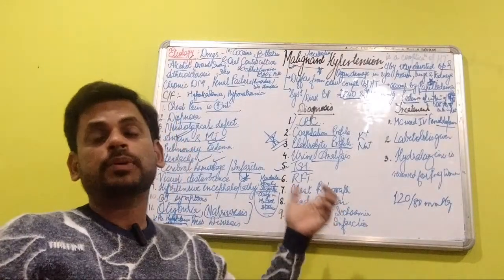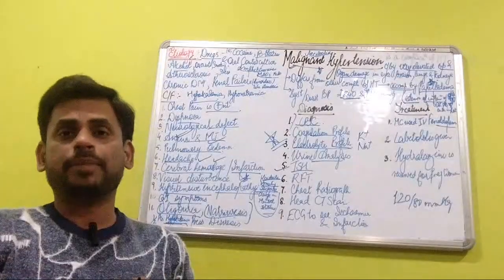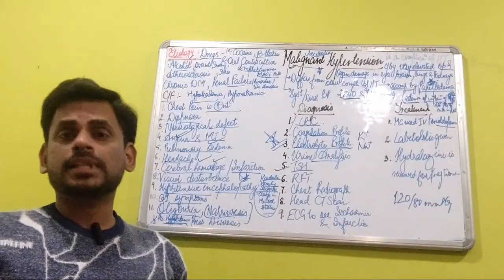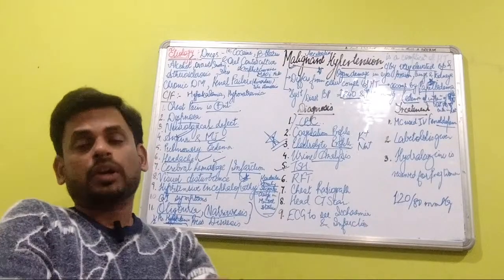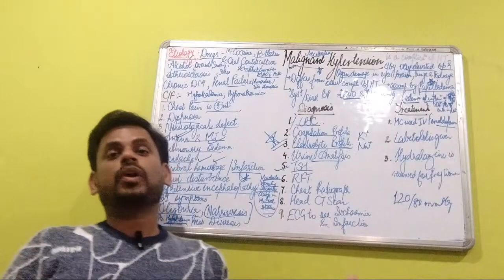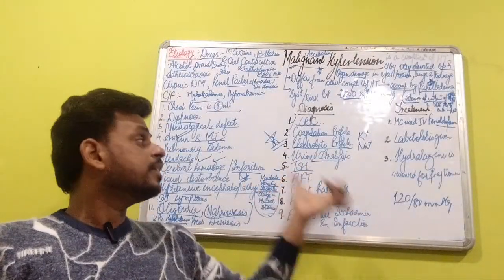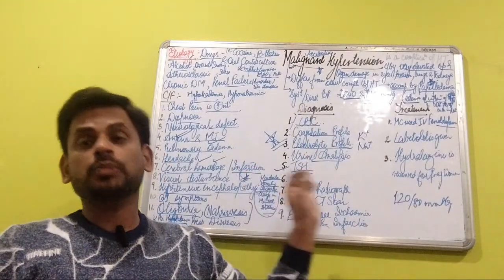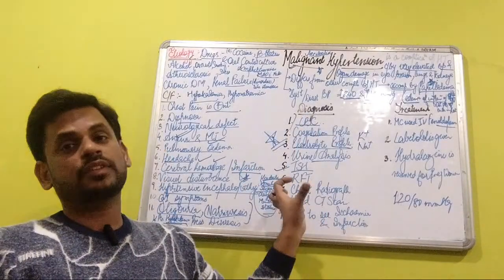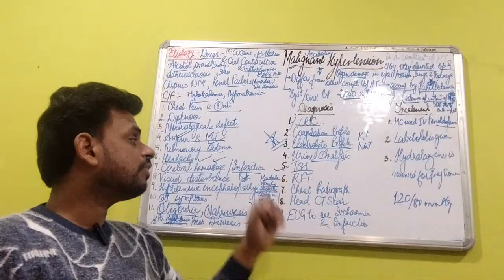Renal function test, because malignant hypertension is going to cause multi-organ damage. Since multi-organ damage can be there, the doctor may suspect changes in organs such as the heart, kidney, liver, and the coagulation profile of the blood. So to monitor the various organs of the body, such as the kidney, he can ask for the renal function test.